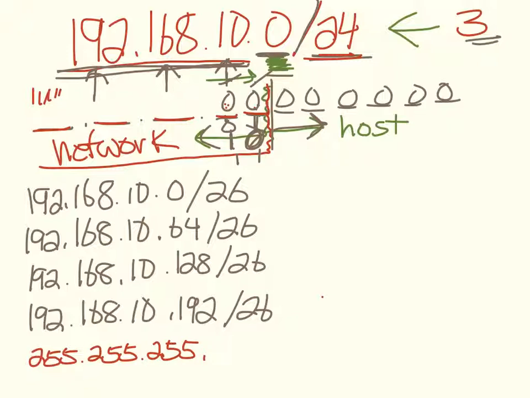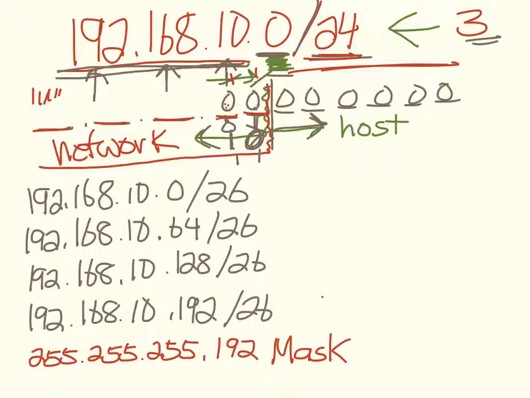And if there are 2 ones here and all zeros after, that's 192. So that would be the mask.